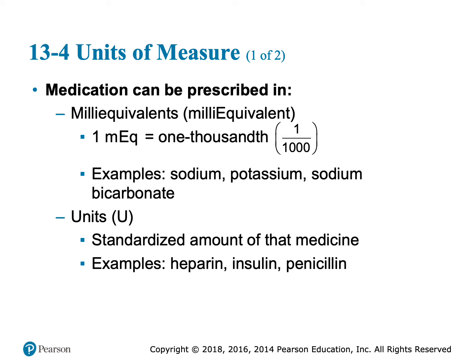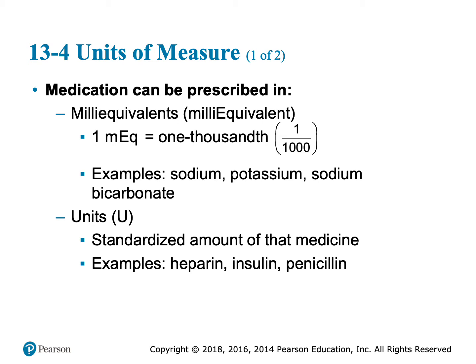So in addition to the apothecary, metric and household measures, healthcare has 2 other units of measure, just what we needed, right? Commonly used in client medication orders, milliequivalents and units. So 1 milliequivalent equals 1/1000th, and is a unit of measure that's often seen in chemistry and some medications like sodium, potassium, sodium bicarb, potassium chloride.